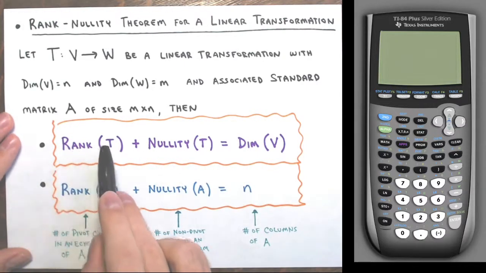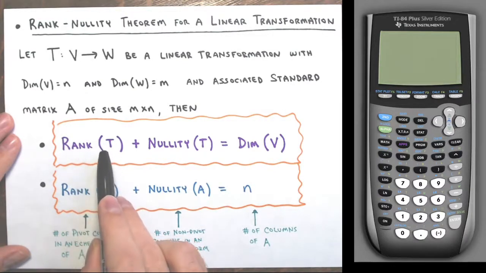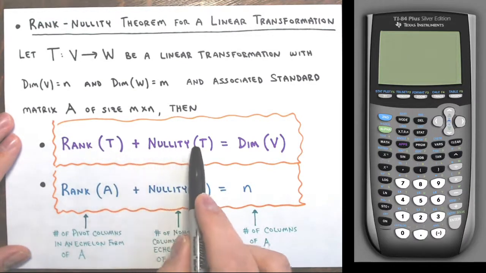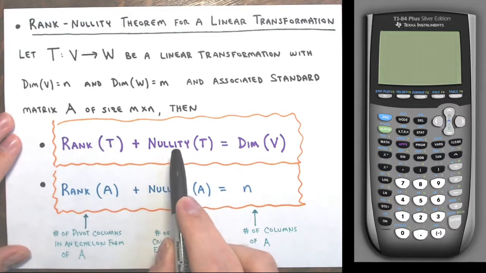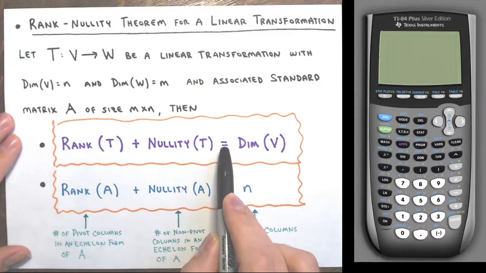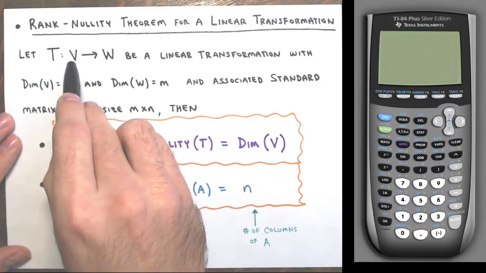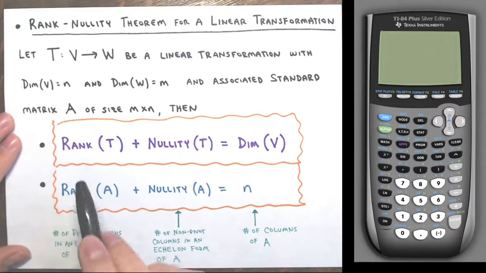The rank of the transformation, so the dimension of the range, plus the nullity of the transformation, the dimension of the null space, will be equal to the dimension of the domain. V was the domain here. So I'll say that again.